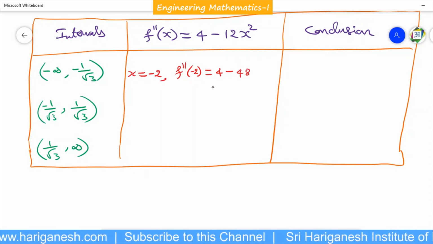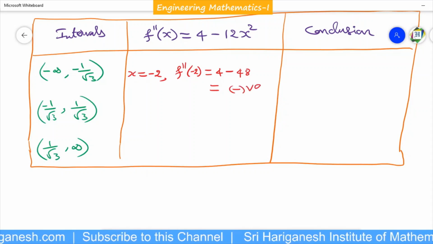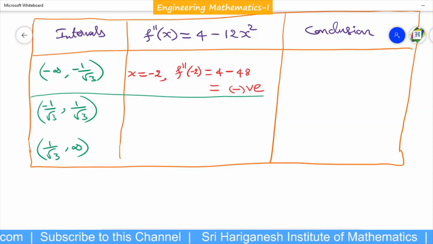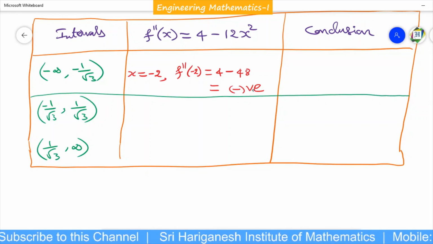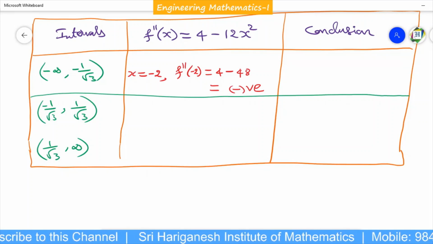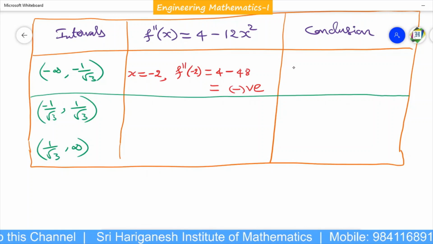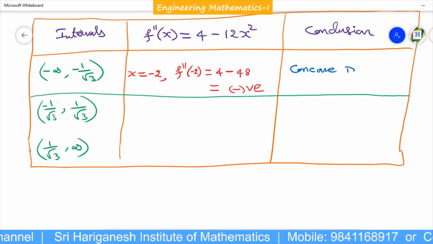So we are getting a negative value. I want only positive or negative, I don't bother about the values. Okay, so if f double dash of x is negative, then we can say concave downward.